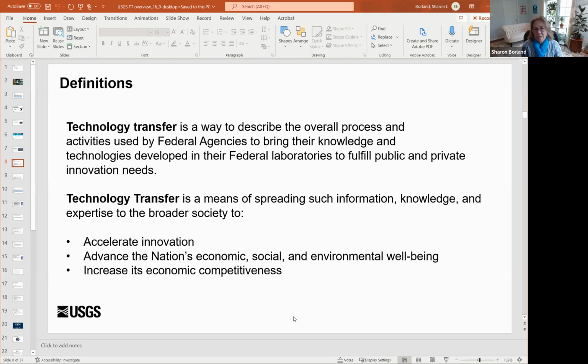Technology transfer is a means of spreading such information, knowledge, and expertise to the broader society. And this is done to accelerate innovations, advance the nation's economic, social, and environmental well-being, and increase our nation's economic competitiveness.